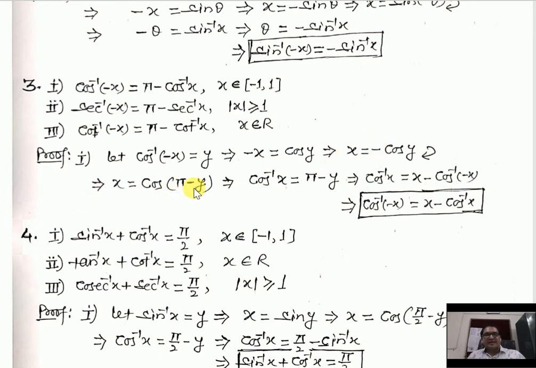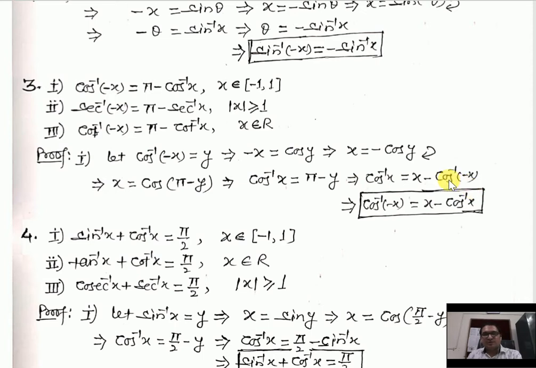You can't write cos minus theta, because cos minus theta will be plus cos theta, so cos of 180 minus theta will be minus cos theta. Now this cos, bring it to this side, meaning you multiply with cos inverse on both sides, so cos inverse x will be equal to pi minus y.